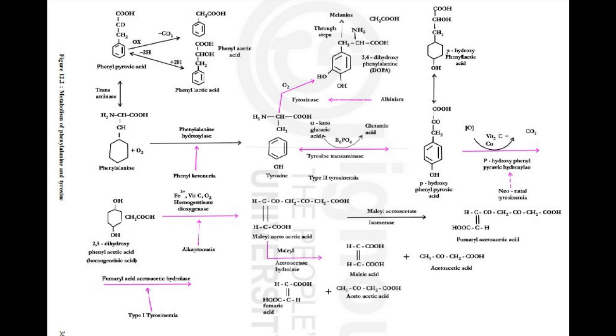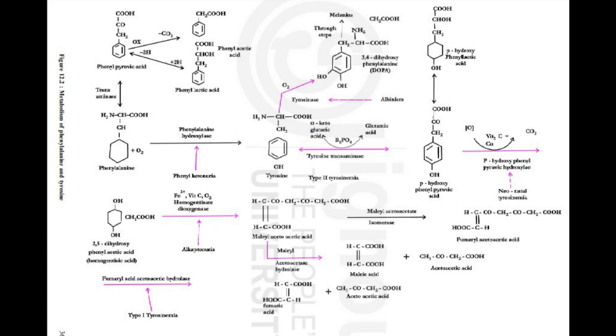12.3.1 Alkaptonuria. Alkaptonuria is a very rare hereditary disorder of tyrosine, an aromatic amino acid, metabolism. The disease is characterized by the excretion of urine, which upon standing, gradually becomes darker in color and may finally turn black. There is a defect in the enzyme homogentisate oxidase, also called homogentisate dioxygenase.